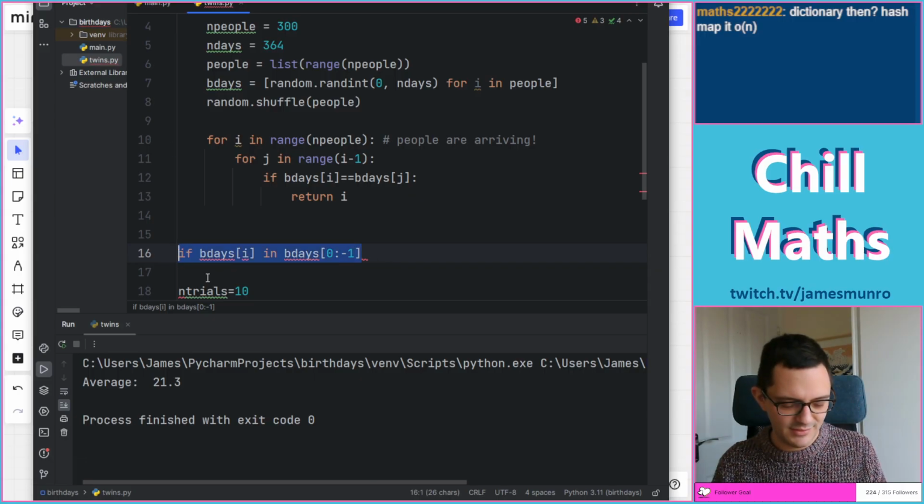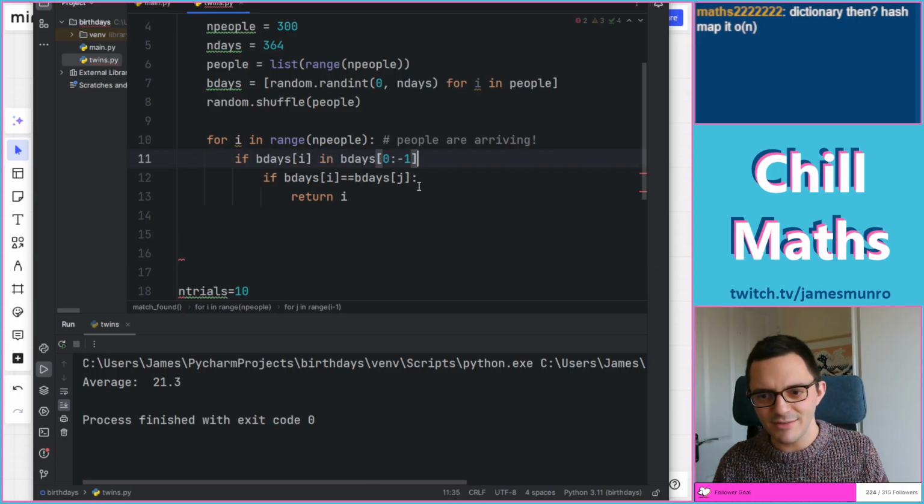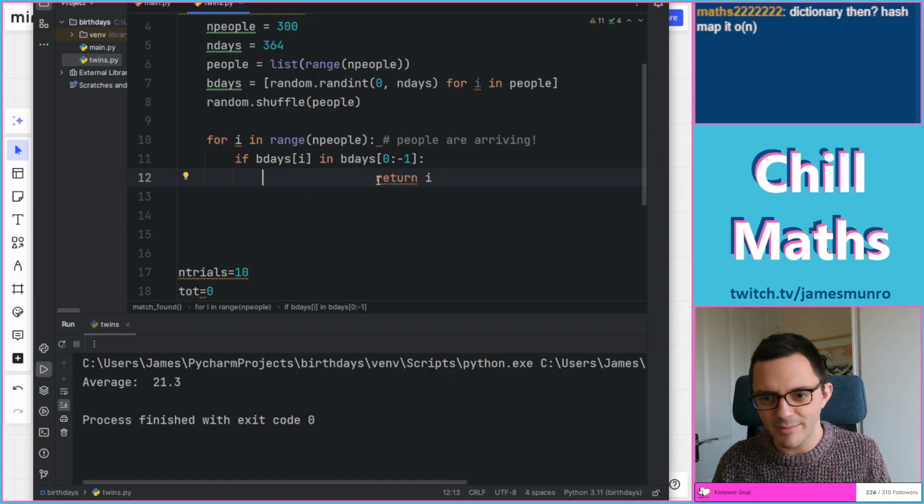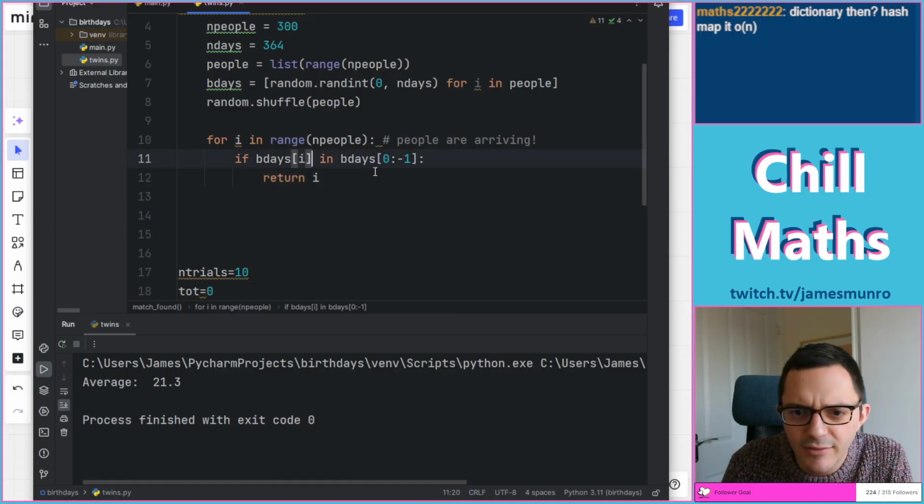Don't know. Feels all right, but let's see if I can make that work. If this thing is in the previous, I think that's how you do a slice, to take everything up to not the last one though.